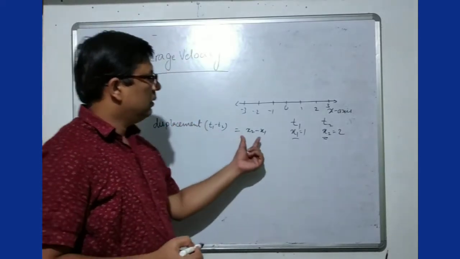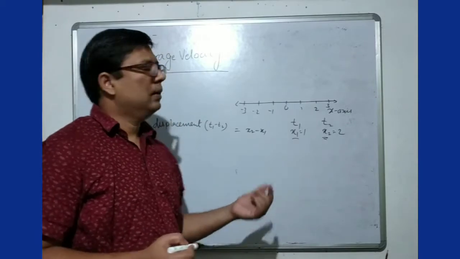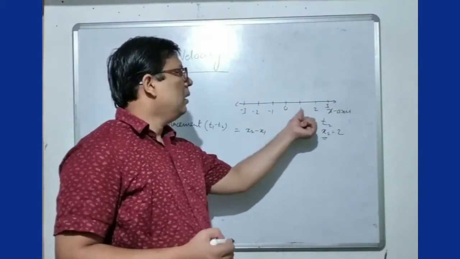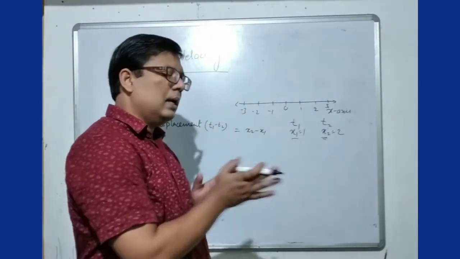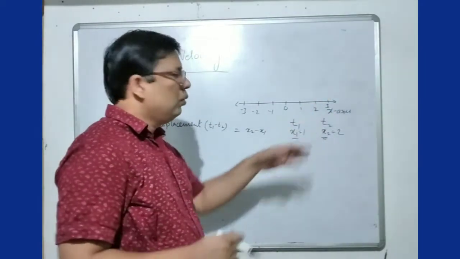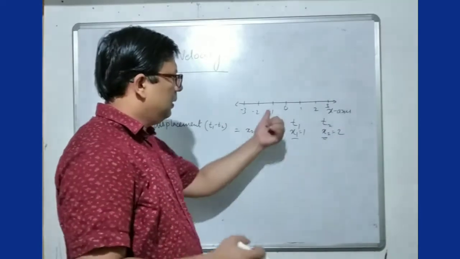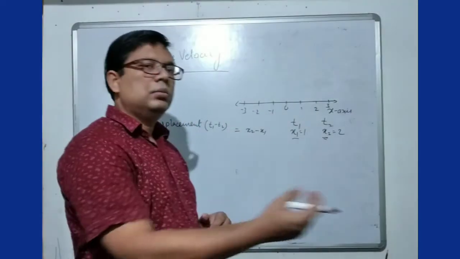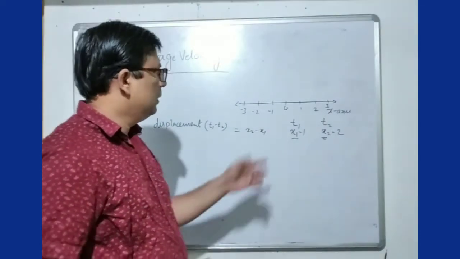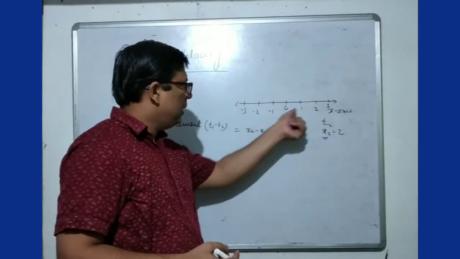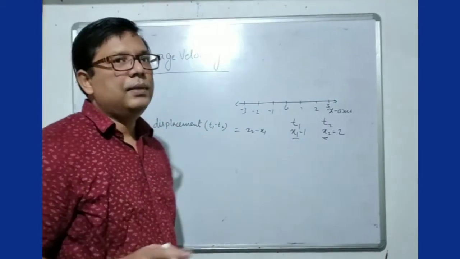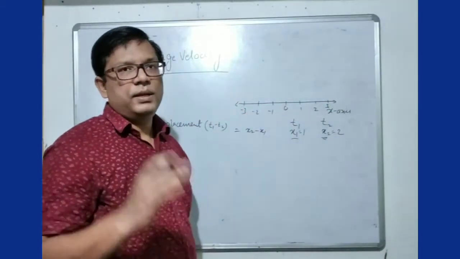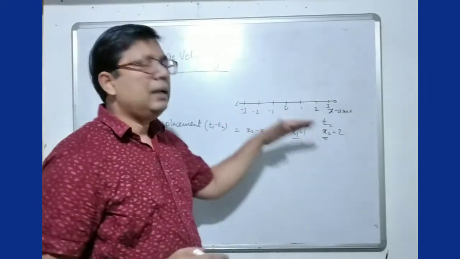Why are we not writing direction here? Because positive 1 or 2 means we are in the positive direction, and -1 or -2 means we are in the negative direction. So this sign, plus or minus, will give the sense of direction when an object is moving on a single line.